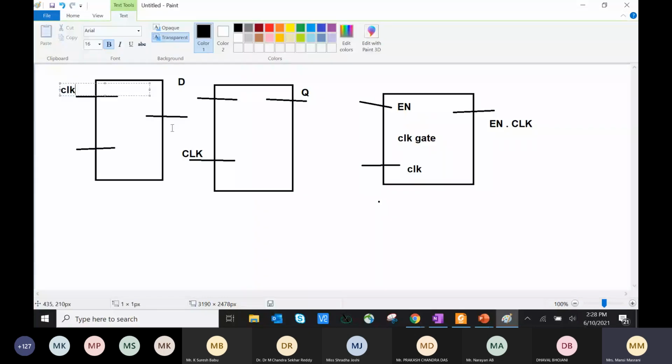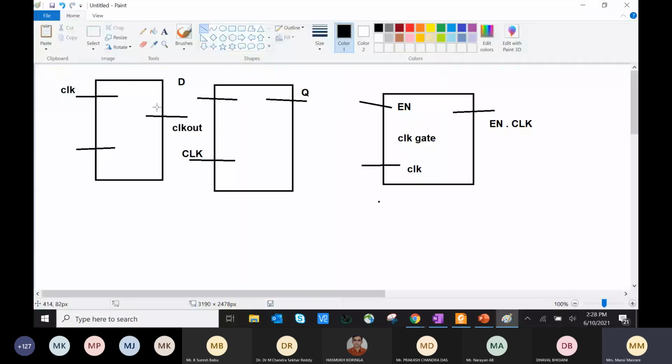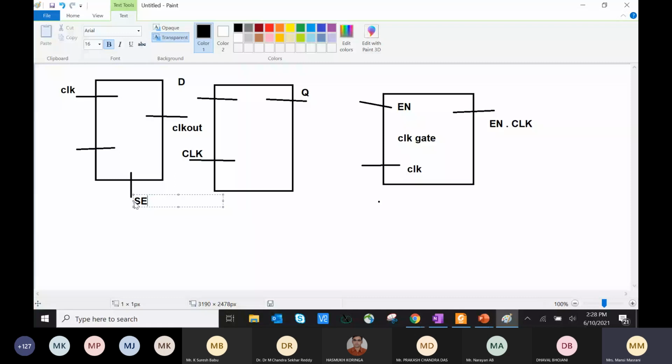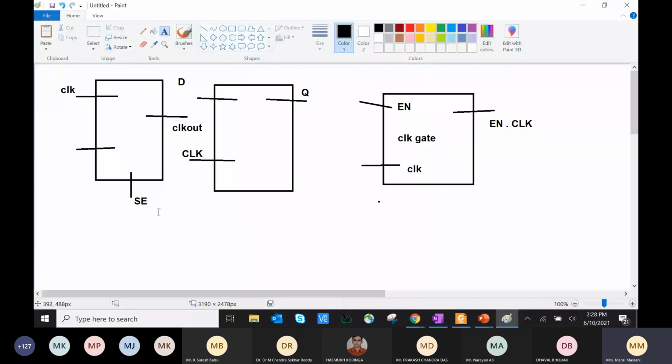Yes, the DFT session is covered. Correct. So whenever a flop is converted into a scan flop, we put a mux over here, where we decide whether the data is coming or the test is coming. Same way, even the clock paths have muxes. Where does that come into the picture? When we want to say whether our design is in functional mode or scan mode.